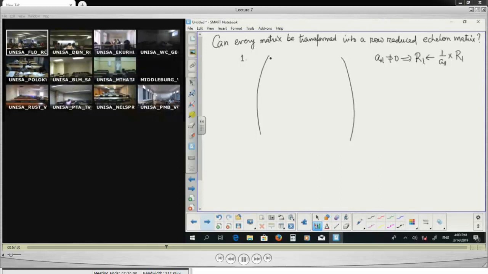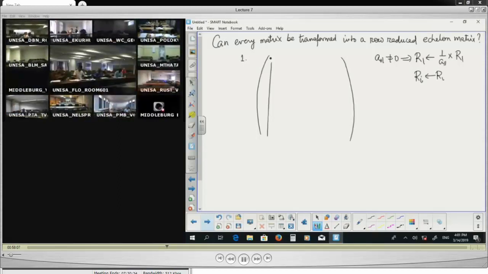So you replace the ith row by the ith row minus Ai1 times R1. Remember, after this step, your first entry is 1.